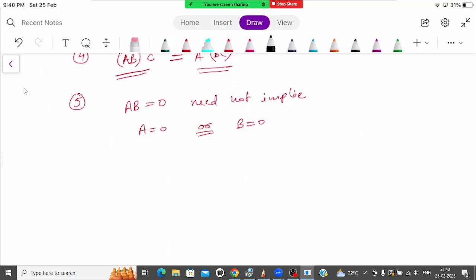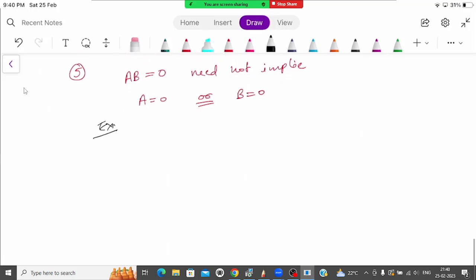So let us see one example. Suppose matrix A is [-1 0; 0 0], and matrix B is [0 0; 2 0].